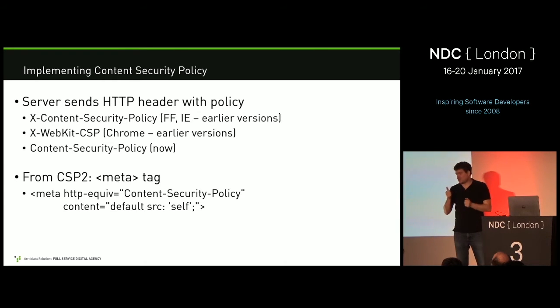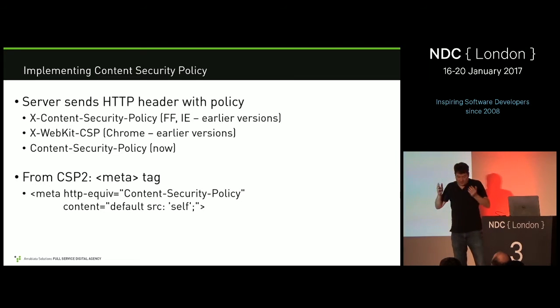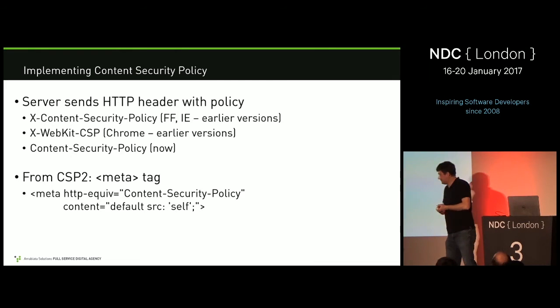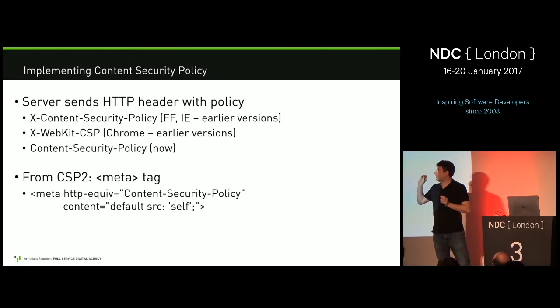You saw CSP 1 and 2, they are candidate recommendations. They are not recommendations, so they never reach the final status, but they're already working on the next version. So maybe it's, I don't know, something like Duke Nukem, right? So eventually it will be released, eventually. And so there were various different headers. Nowadays, on modern browsers, use the content security policy header.